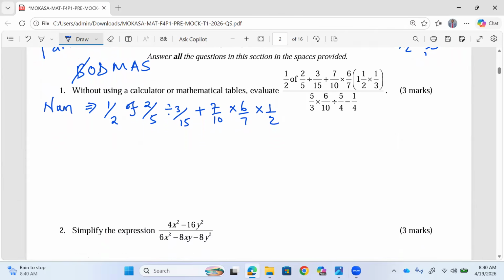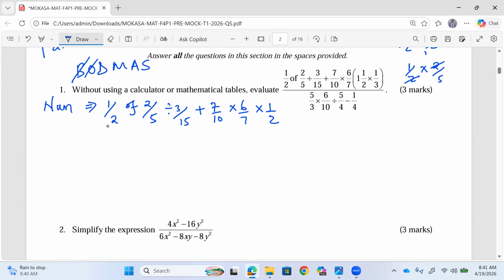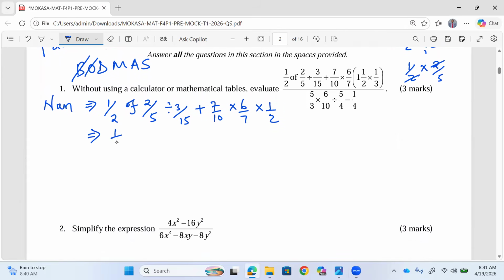Now it's good for you to check the next, which is of. Of means multiplication, so it should be worked out first again. So half of means half times 2/5. In this case again, the 2 shall cancel. It shall have 1/5.